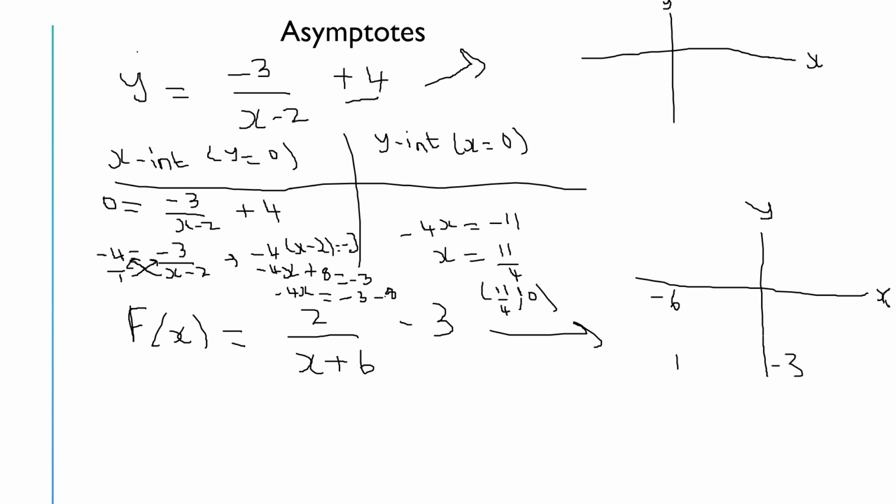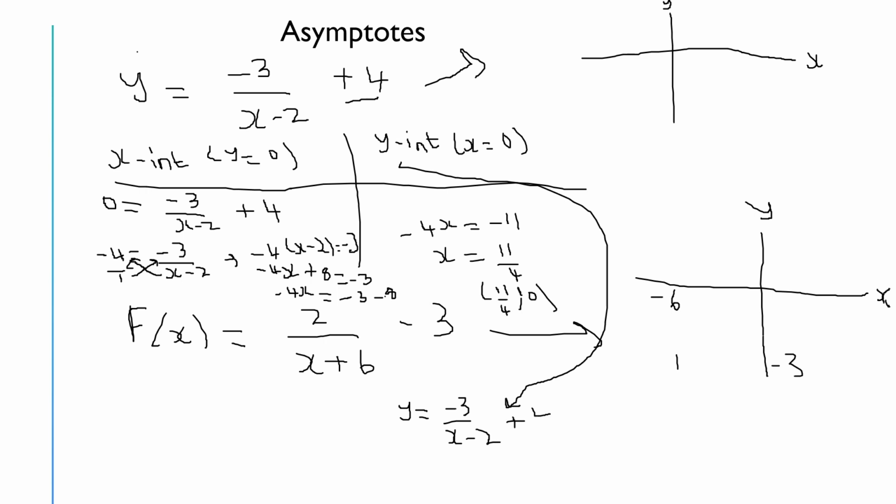So now remember, we need to find the y-intercept. For the y-intercept, x must be 0. Wherever you see x in the expression, put 0. So we go back to the original equation given to us: y is equal to minus 3 over x minus 2, plus 4.